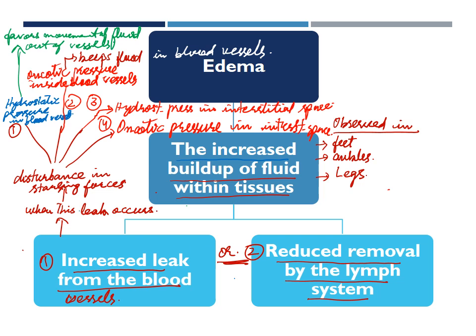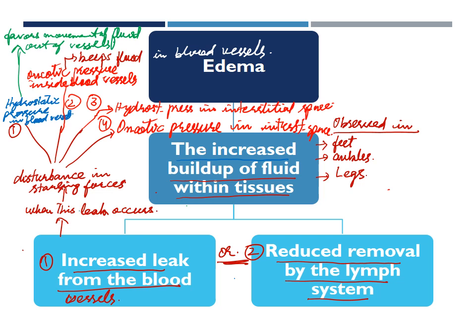We had taught that normally both the fluids are in equilibrium, and a little change in the intracellular fluid and the extracellular fluid composition is corrected immediately by the body mechanisms.